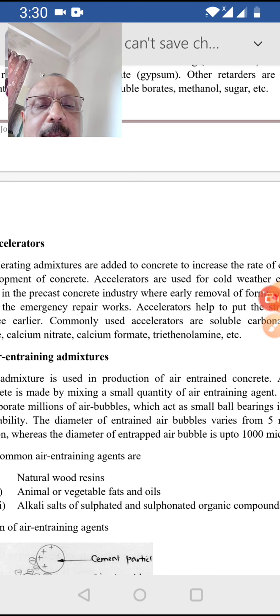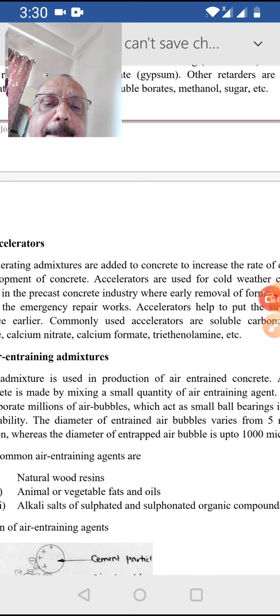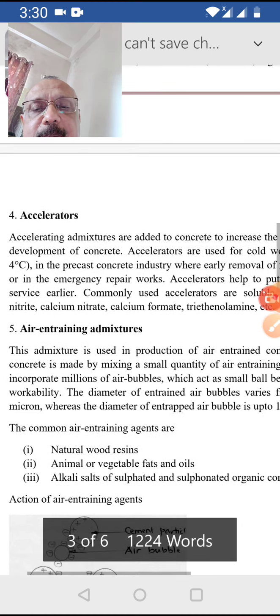But here very minute, 5 to maximum 10 micron size air bubbles are introduced, which will act as small ball bearings. And you know what ball bearings do inside machine parts? They reduce friction and give additional mobility, ease to flow. So that's why air entraining admixtures are used.